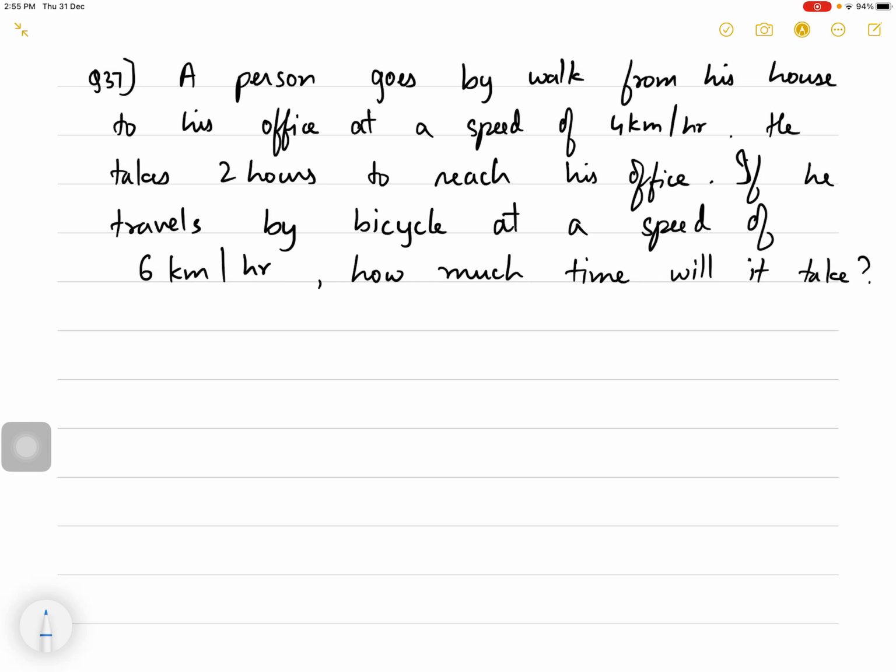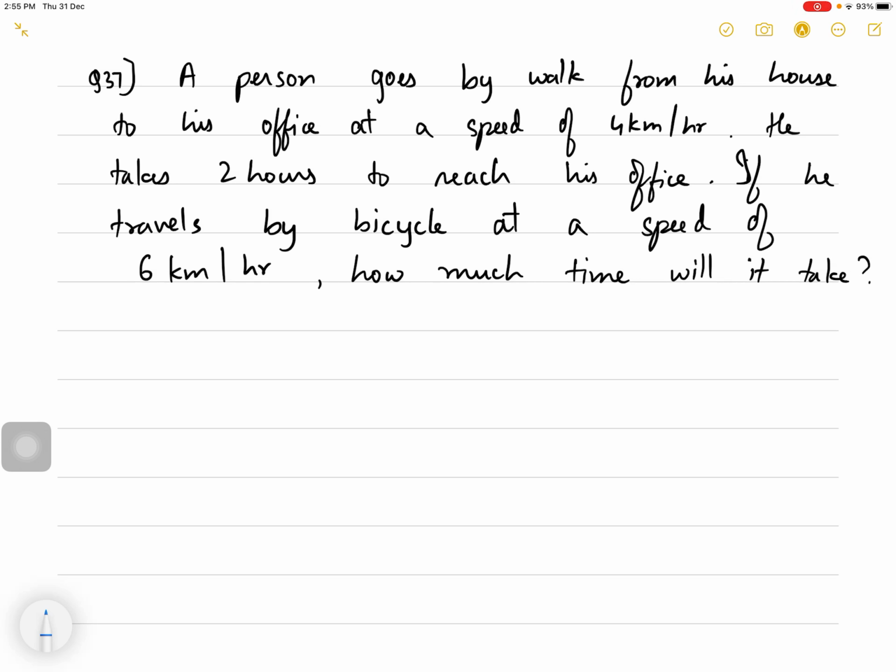He takes 2 hours to reach his office. Okay. If he travels by bicycle at a speed of 6 km per hour, how much time it will take? Now a person is walking with the speed of 4 km per hour and he takes 2 hours to reach. Okay. So his office might be 8 kilometers away.